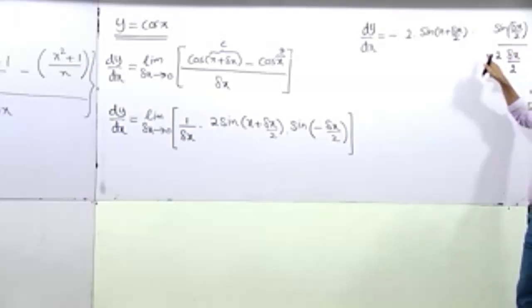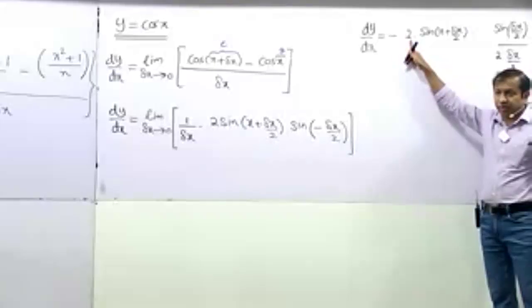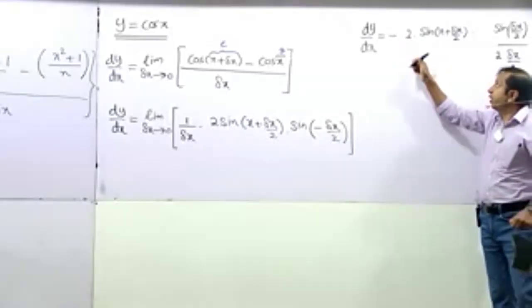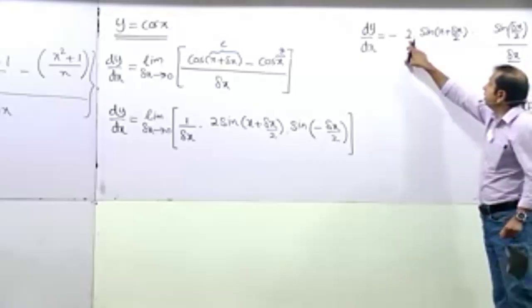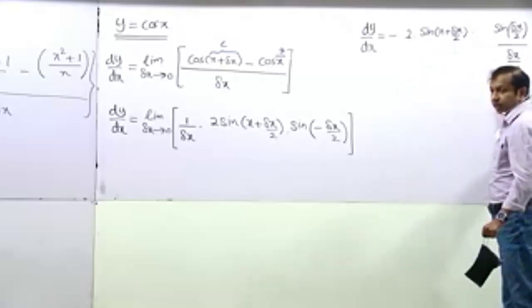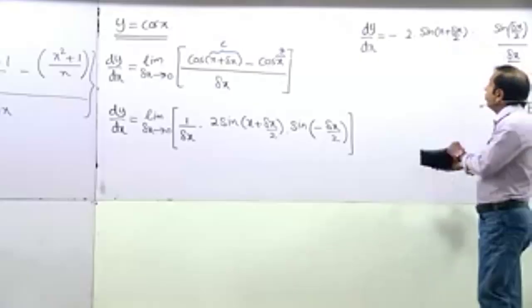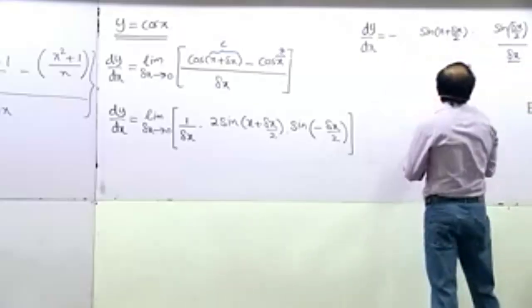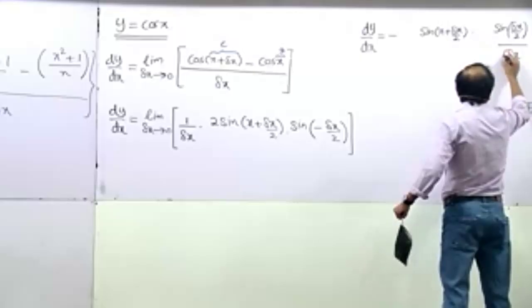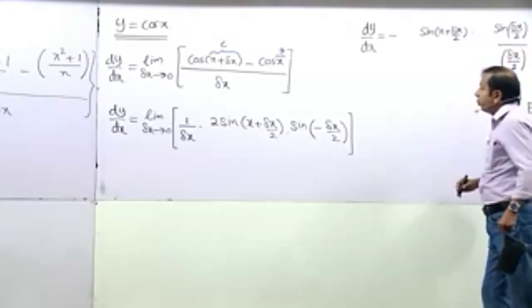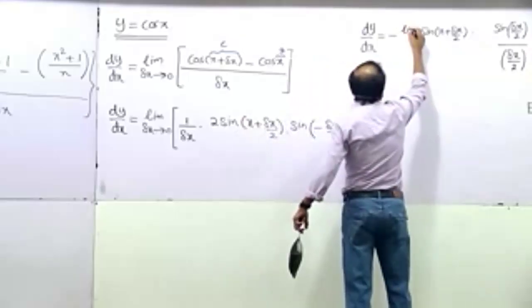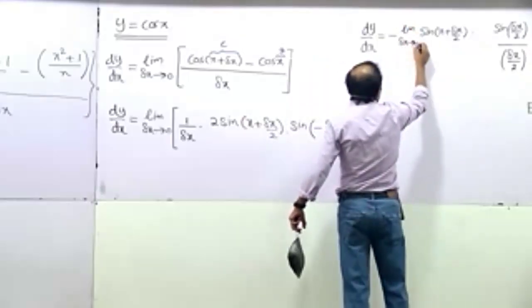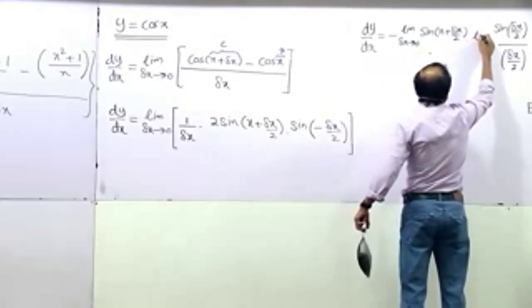Now, this 2 and this 2 we can cancel down. Here this 2 we can bring where? Here. Understand? So, therefore, I am going to write it like this. Now, the limit delta x equal to 0 I put here and here separately for this 2.